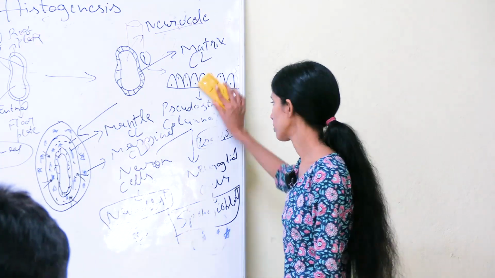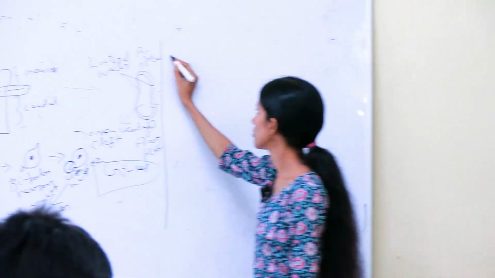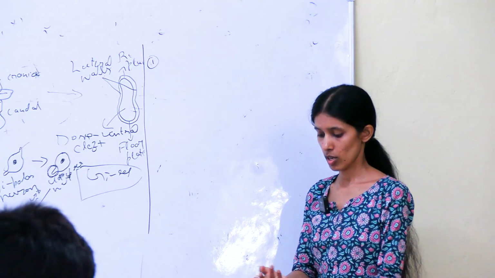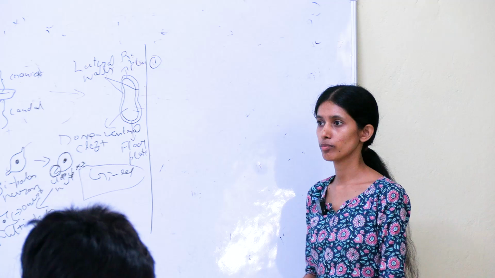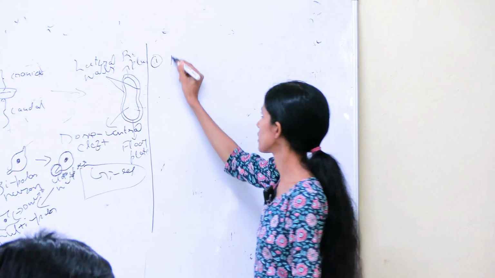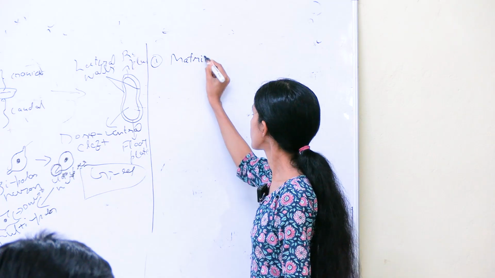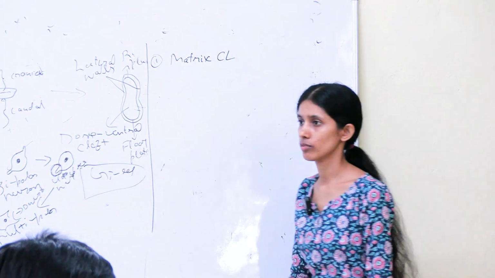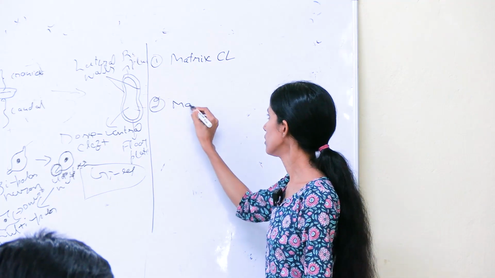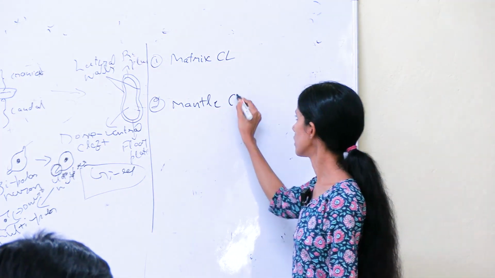No? Okay. What is the first layer? It is the matrix cell layer. The second one is the mantle cell layer.